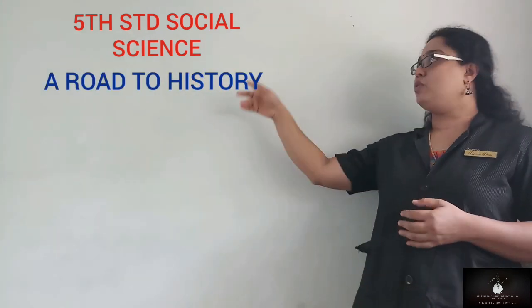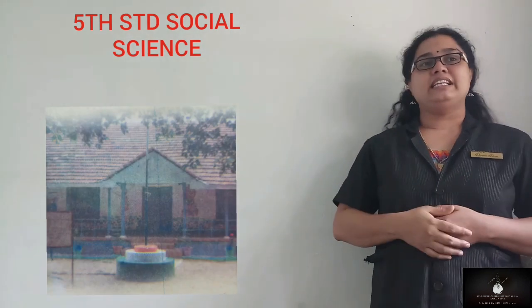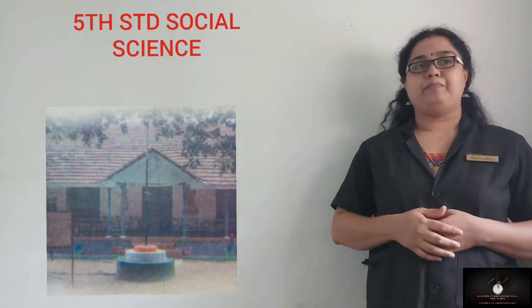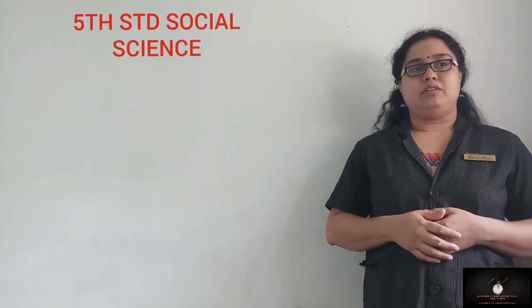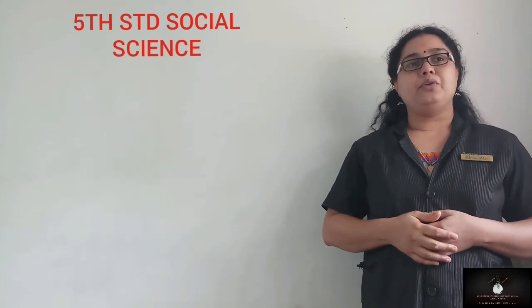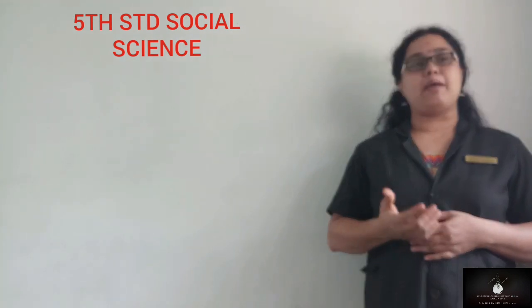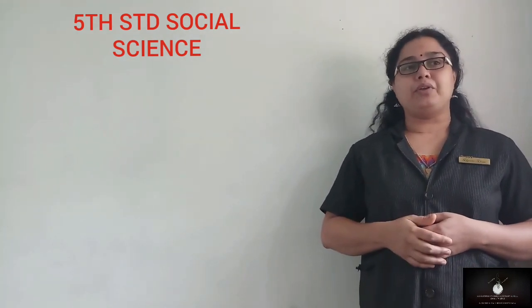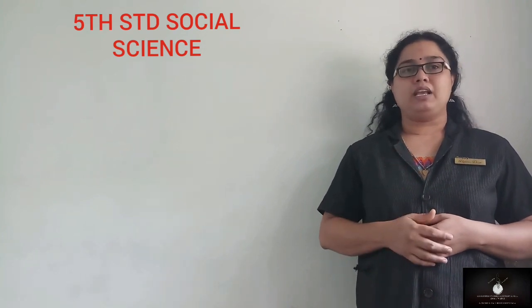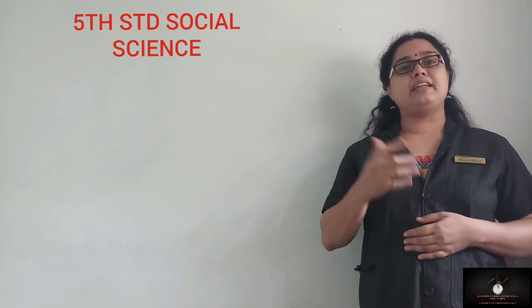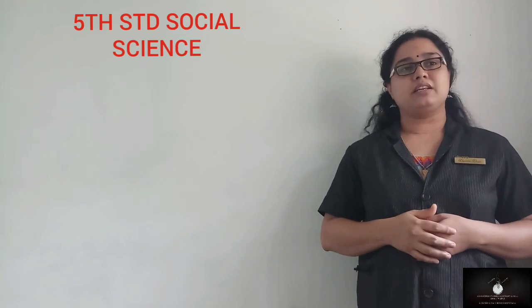Friends, all of you look at this picture. This is the picture of a school. You are also studying in such a school, aren't you? You know a lot of facts about your school, don't you? Try to write down the details of your school. Before that, what all details are you going to write?